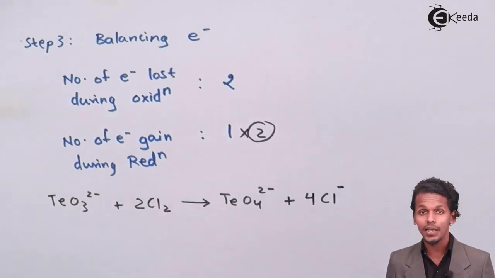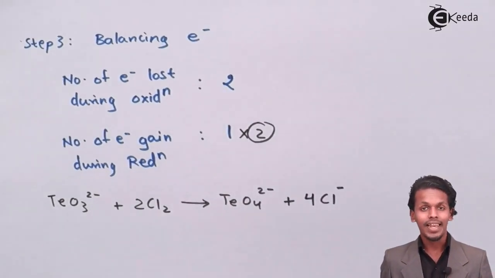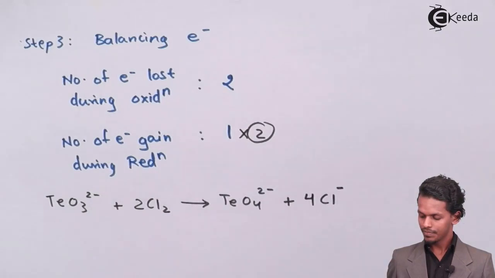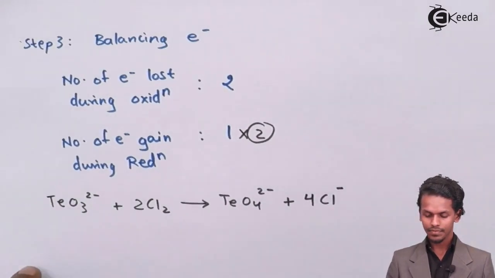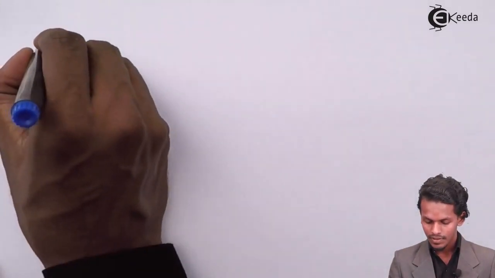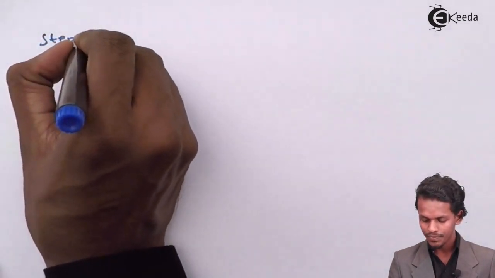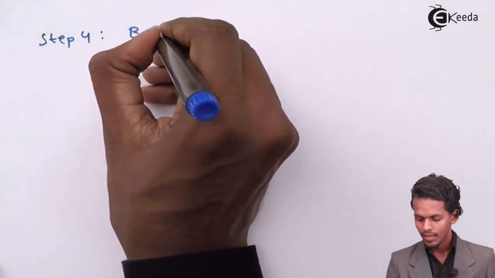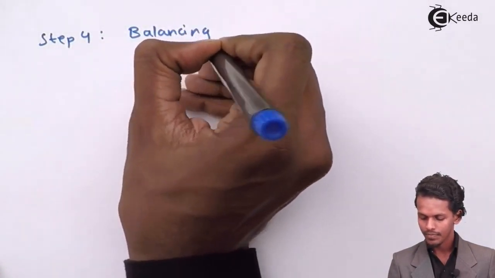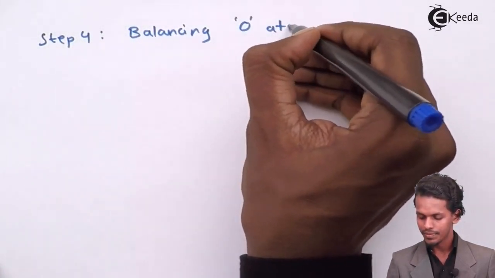Now moving to the next step, that is balancing oxygen atoms. So step number 4 will be balancing oxygen atoms.